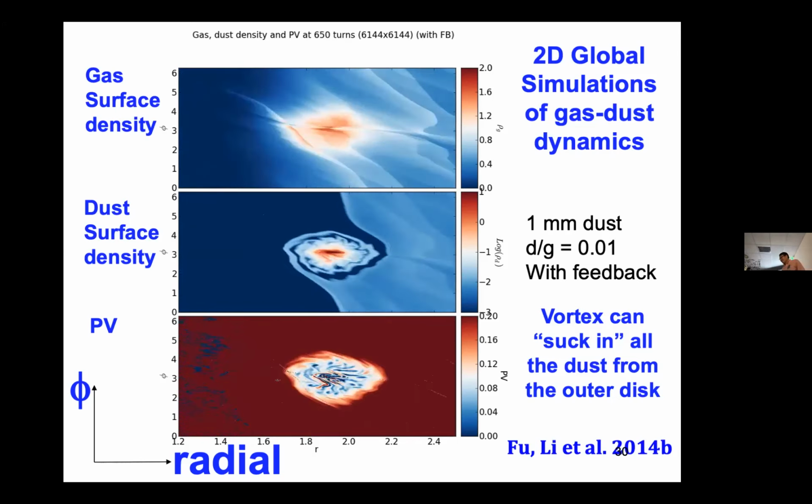So when the dust becomes more and more massive in that region, have more dust than the gas, and it moves at a Keplerian velocity or some circular velocity, it becomes the momentum driver. It tells the gas to follow them, now the dust follows gas. So that's where the feedback becomes very important. Eventually, it even shreds off the gas vortex.